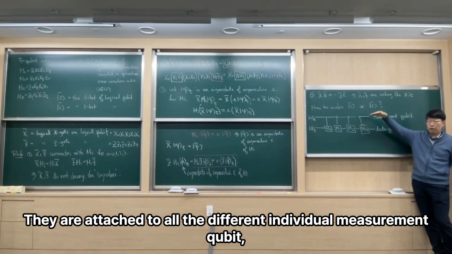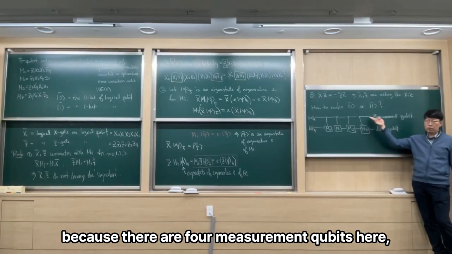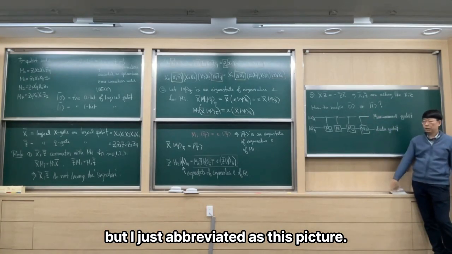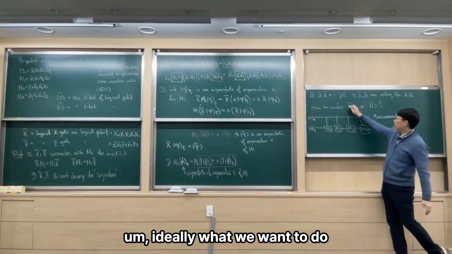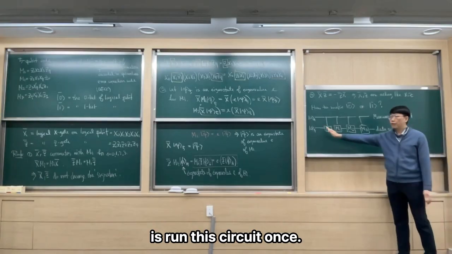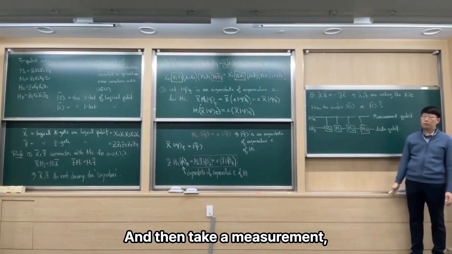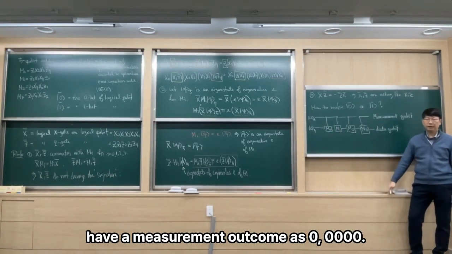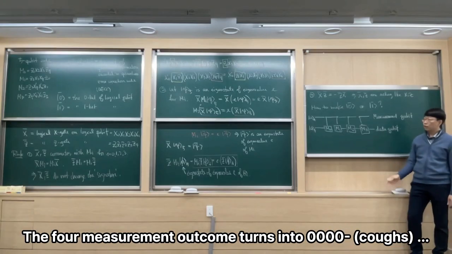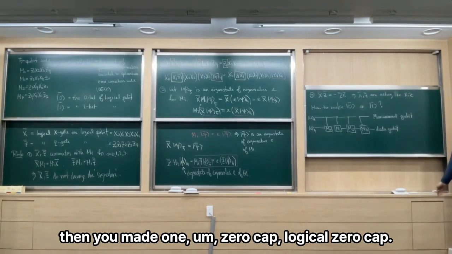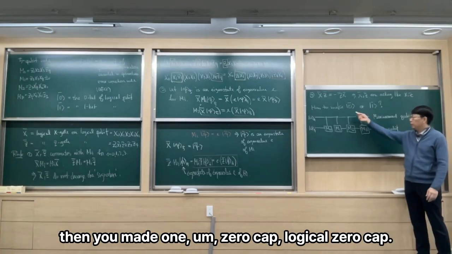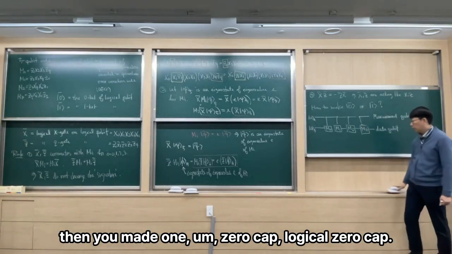They are attached to all the different individual measurement qubits, because there are 4 measurement qubits here, but I just abbreviated it in this picture. So in order to make 0 bar, ideally what we want to do is run this circuit once and then take a measurement and have the measurement outcome be 0, 0, 0, 0. Then you made the logical 0 cat.